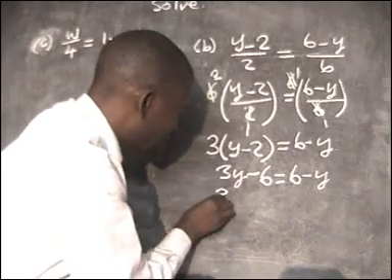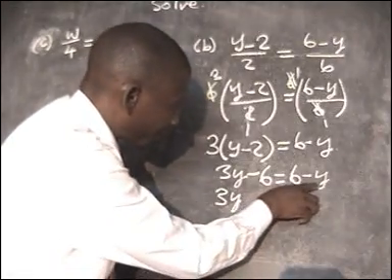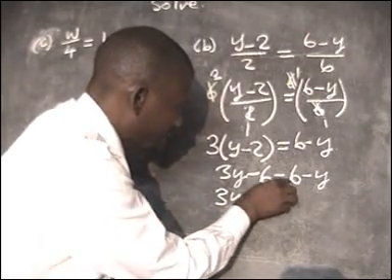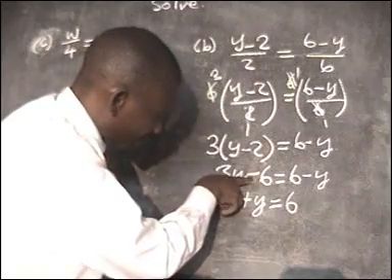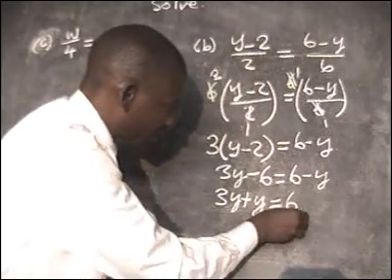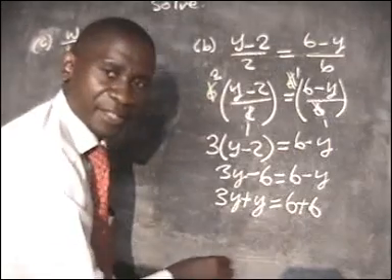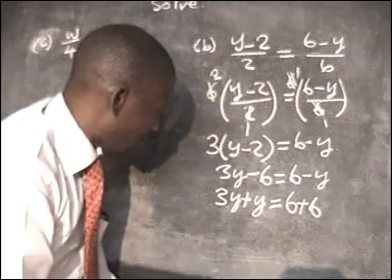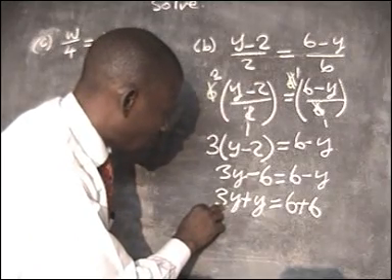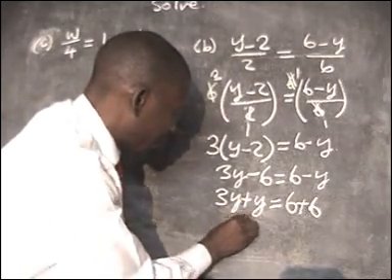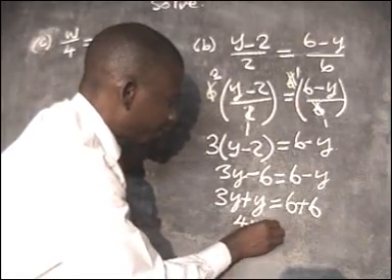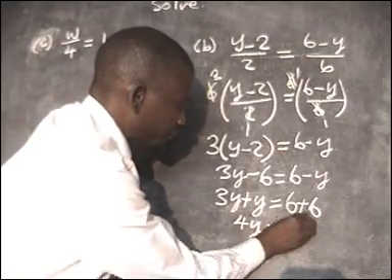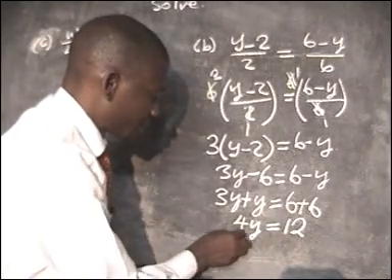The negative y crosses and becomes plus y, and the minus 6 crosses and becomes plus 6. So 3y plus y comes to 4y, and 6 plus 6 gives 12.